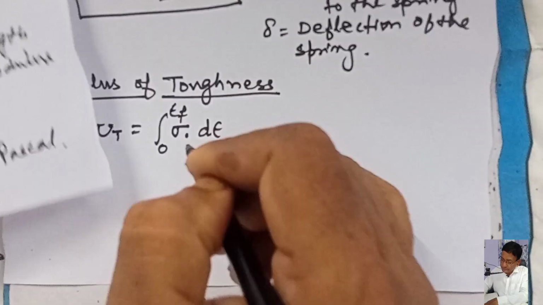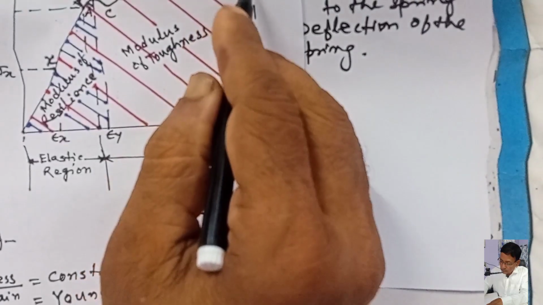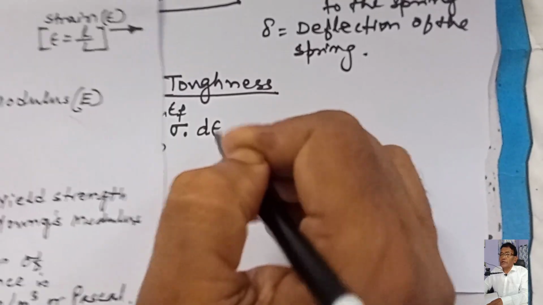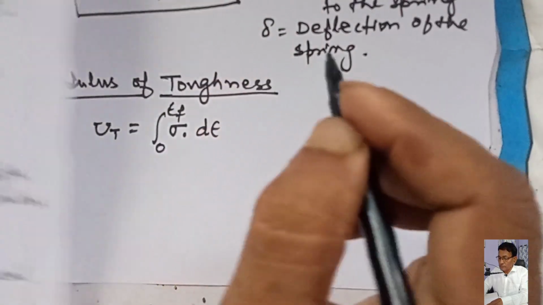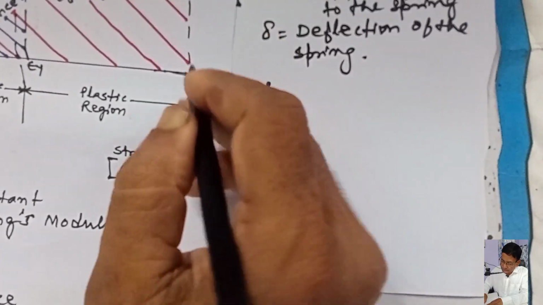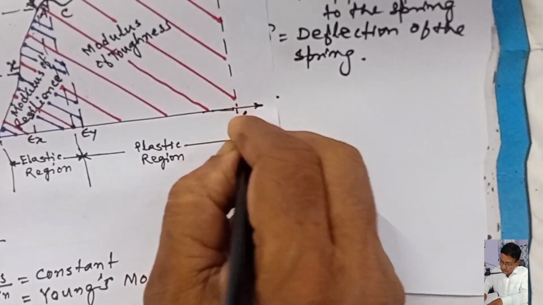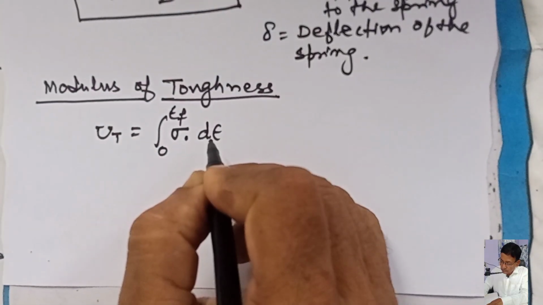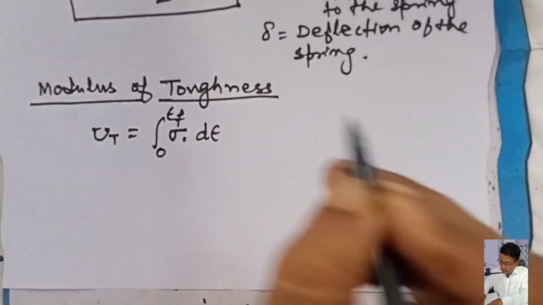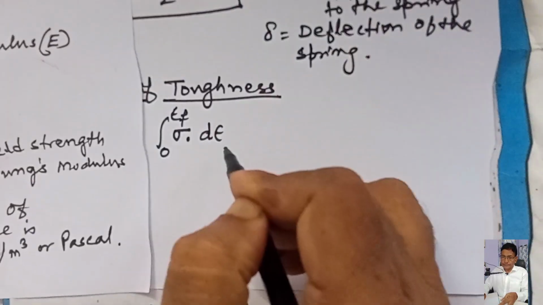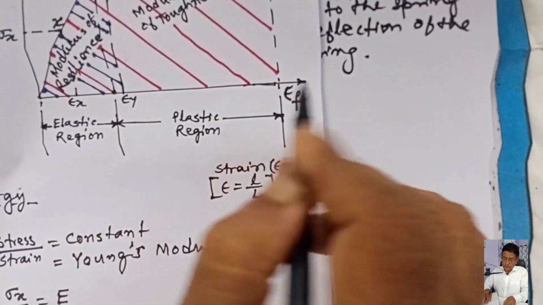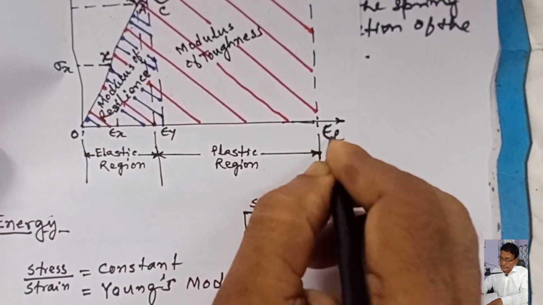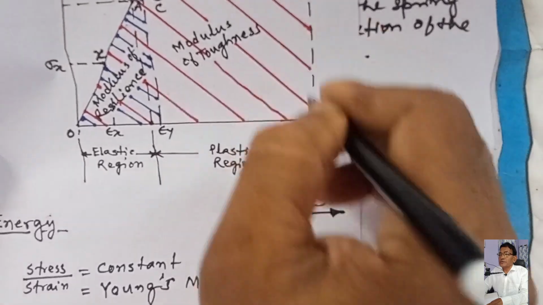This is sigma into d epsilon, and limit is 0 to epsilon fracture.